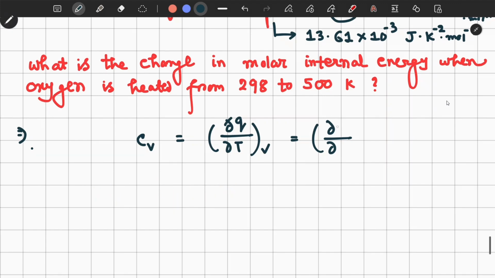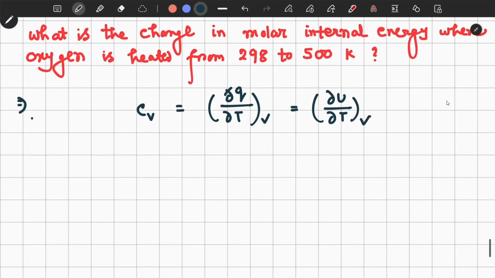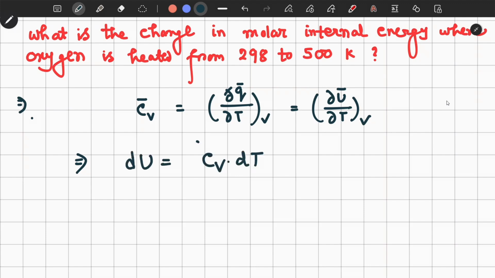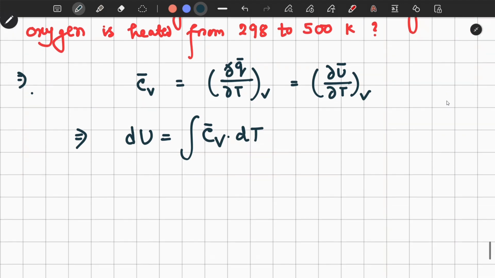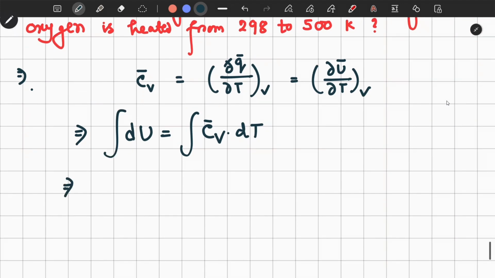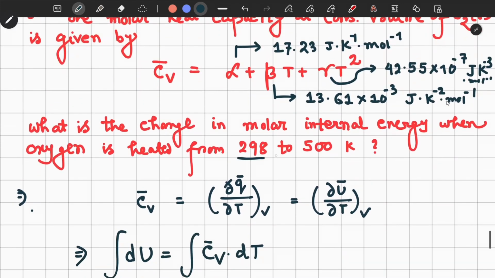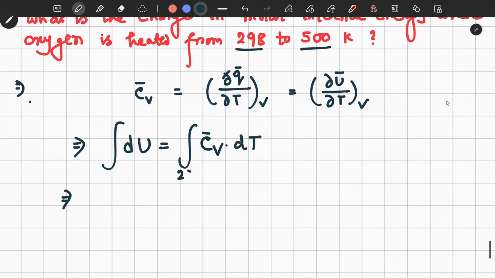Okay, that's the case. You can write it as del U del T. Now we have to calculate the molar quantity, and it is molar, so dU should be Cv dT. The temperature is changing from 298 to 500, and then delta U is what we have to calculate.